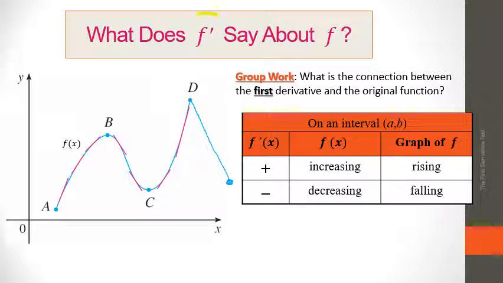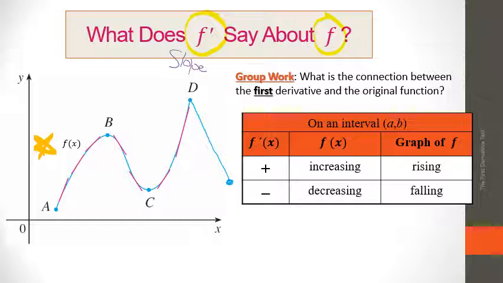Okay, let's look at the relationship between the derivative and the original function. What does the derivative say about the original function? Now remember, the derivative is the slope. So what does the slope say about the original function? Let's look over here. From A to B, you can see the slope is positive, and let's write that down.